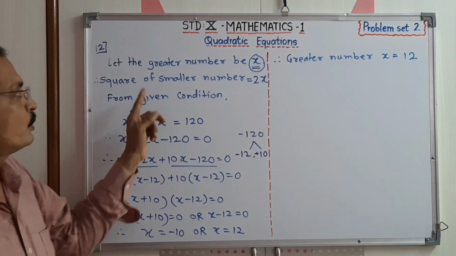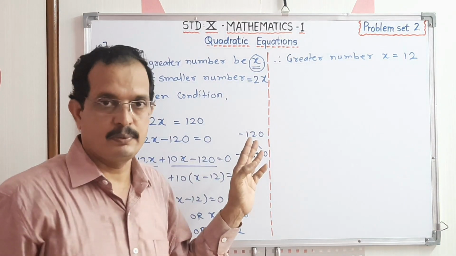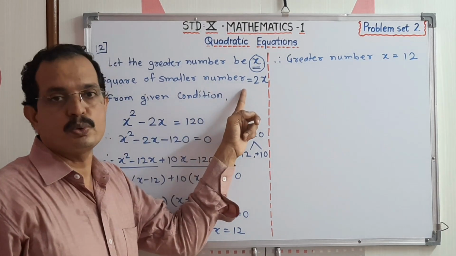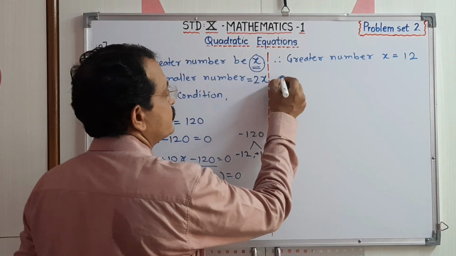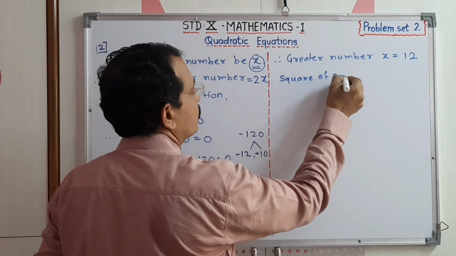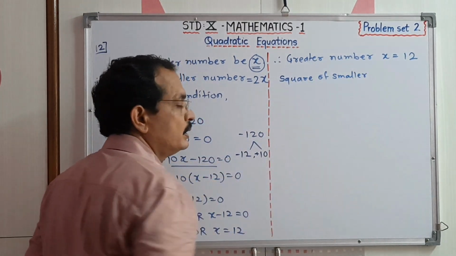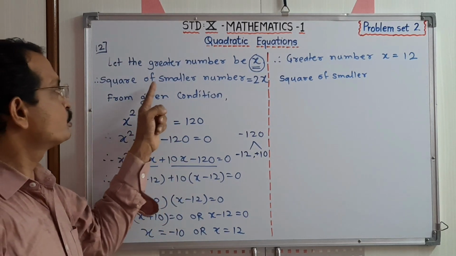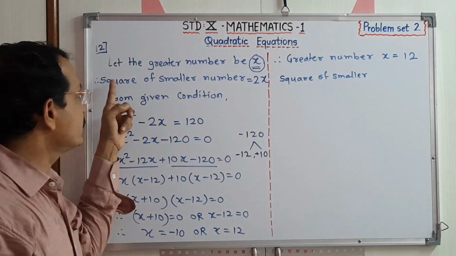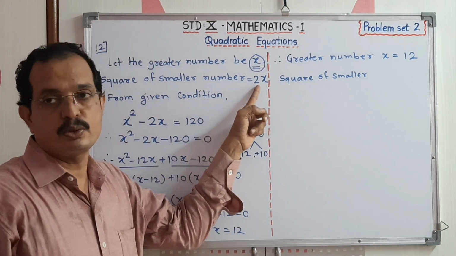Now we have to find the smaller number. Now see here, the square of the smaller number is 2x. Student, be careful here. The smaller number is not 2x. The square of the smaller number is 2x.